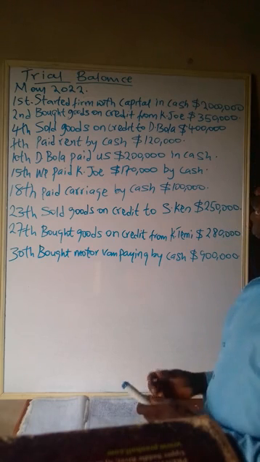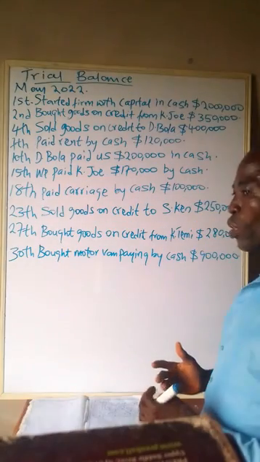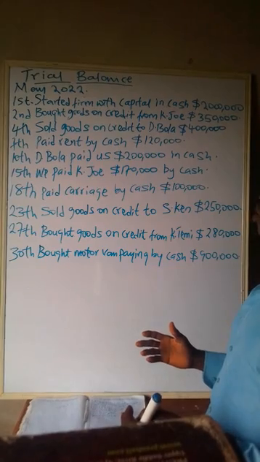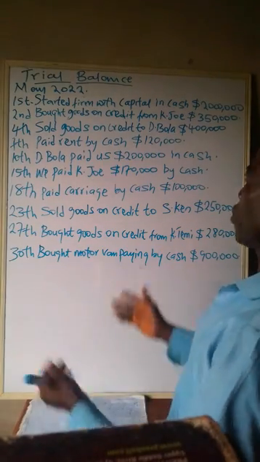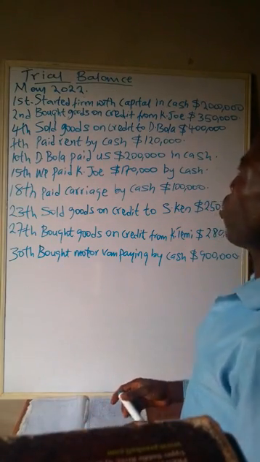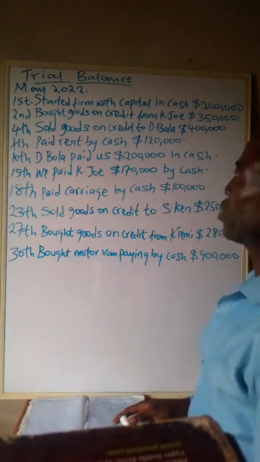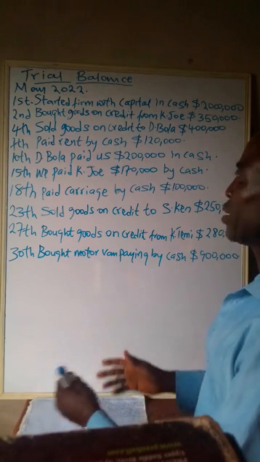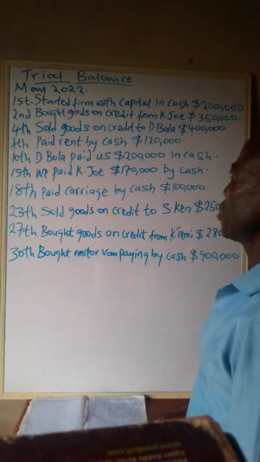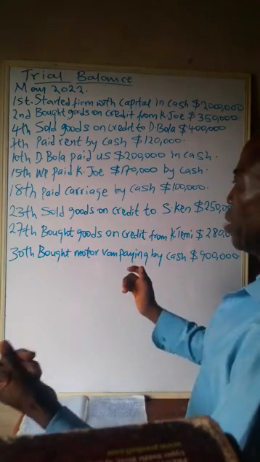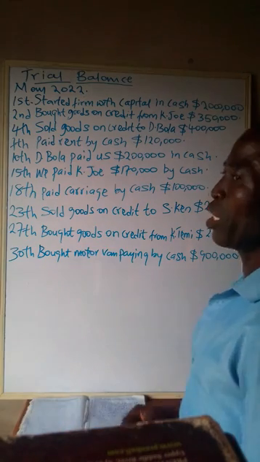Trial balance is a bookkeeping worksheet that contains where balances in various accounts are posted, and it has debit and credit sides, of which both sides must be equal.